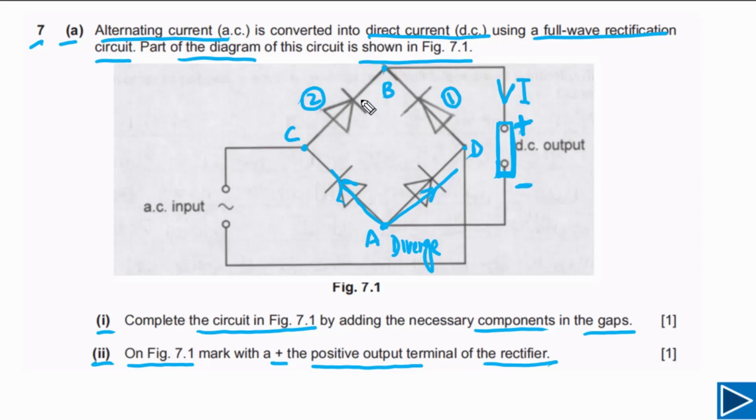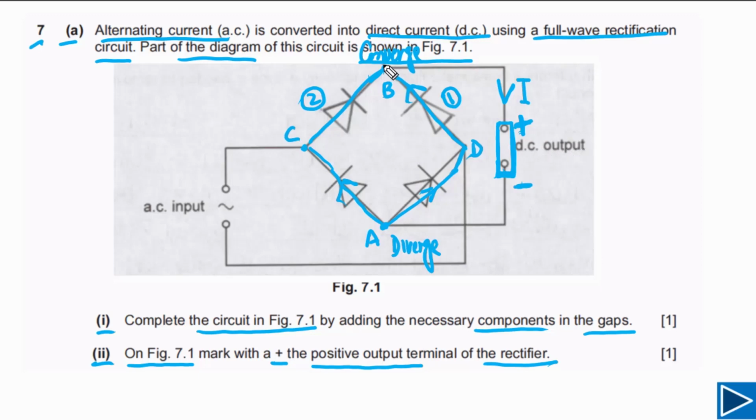And if you look at this point, these diodes converge to this point. So we can say this point where these diodes converge, that side is always connected with positive. So this is the point you need to understand. Where these diodes diverge, meaning go away, that is negative terminal of this DC output.